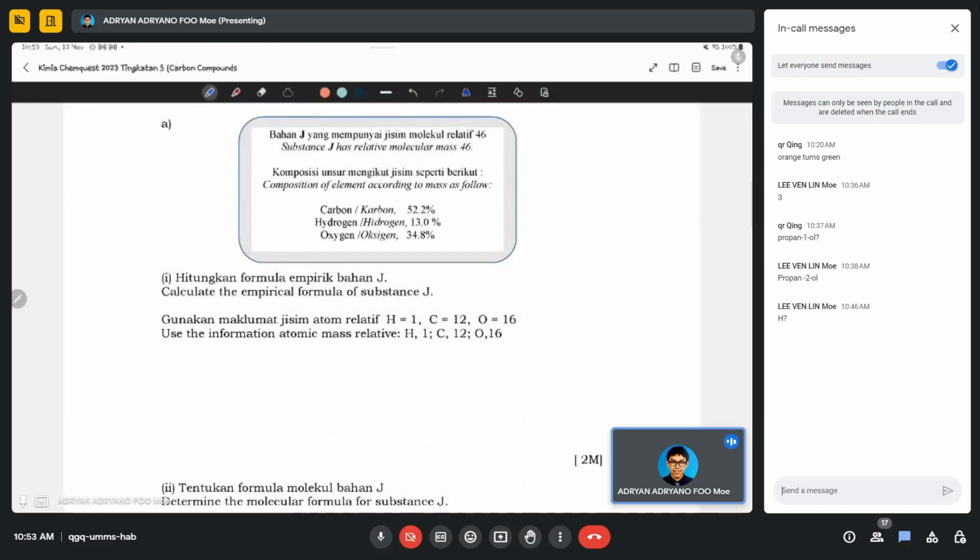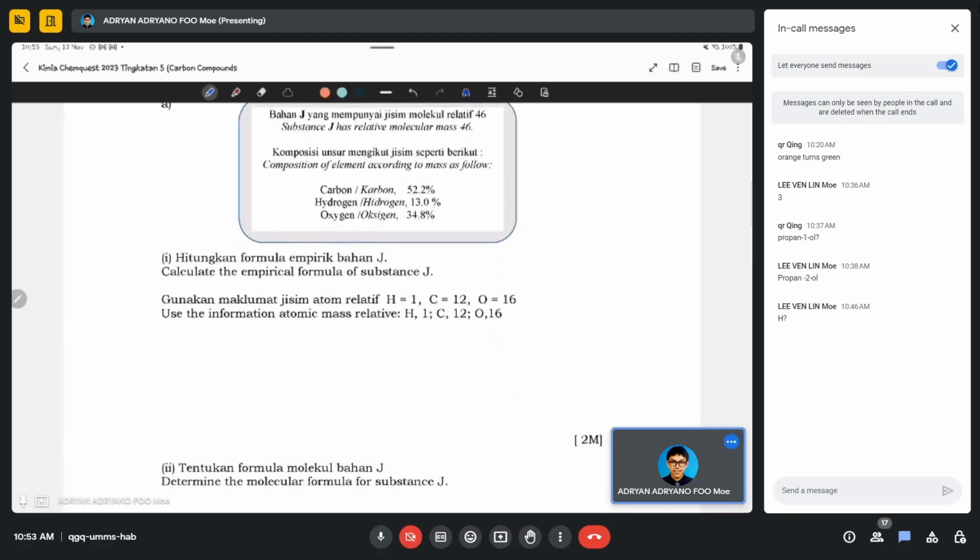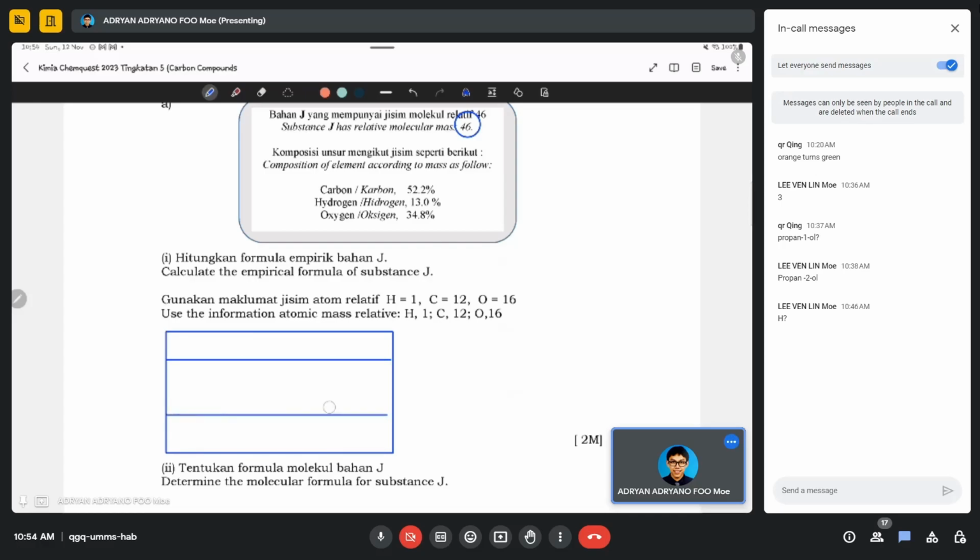OK，看题目 A，calculate the empirical formula of substance J，看到吗？They combine with what you learn in your form 4，所以很多学生 form 4 忘记了这一课你就做不到了。Okay，how do we do this？Empirical formula，我们会用那个 table，它有 relative molecular mass 嘛 46，then composition percentage，画 table 咯。Okay，table，这个应该是 element 的先。Okay，and then number of mole。Okay，like you usually do。Number of mole and then the mole ratio。所以你要自己 try 啦，因为这里比较小。Okay, so what do we fill in here?